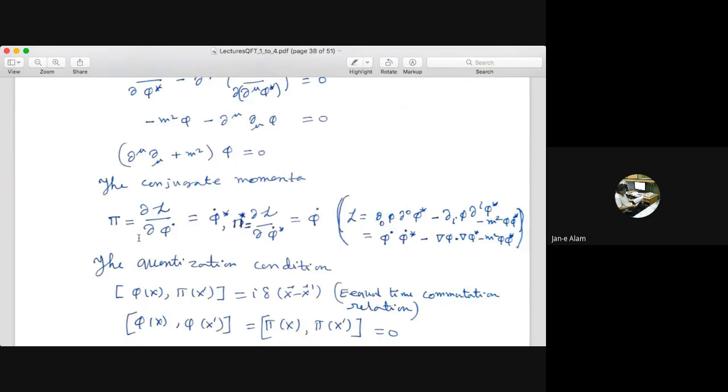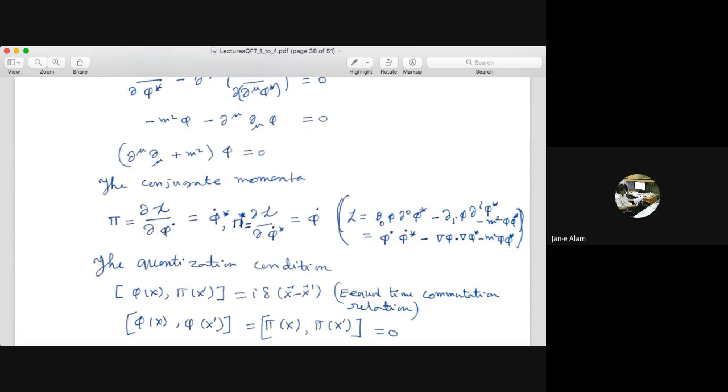Now, corresponding to phi and phi star, I should have two momentum variables. One is pi equals del L del phi dot. Remember again that in classical mechanics it was del L del q dot, right? So q was the dynamical variable there, phi is the dynamical variable here. There the momentum was p, here the momentum is pi. So del L del phi dot, if you take the derivative of that L, you will get phi dot star.